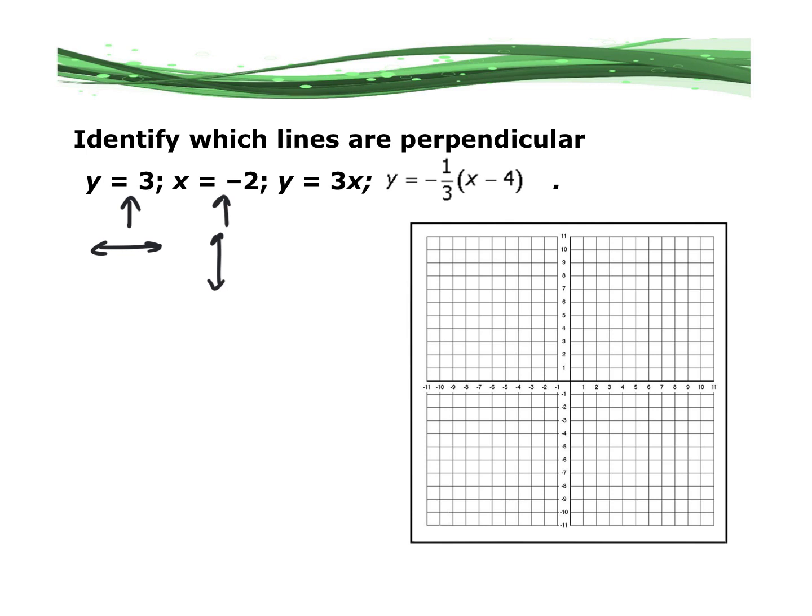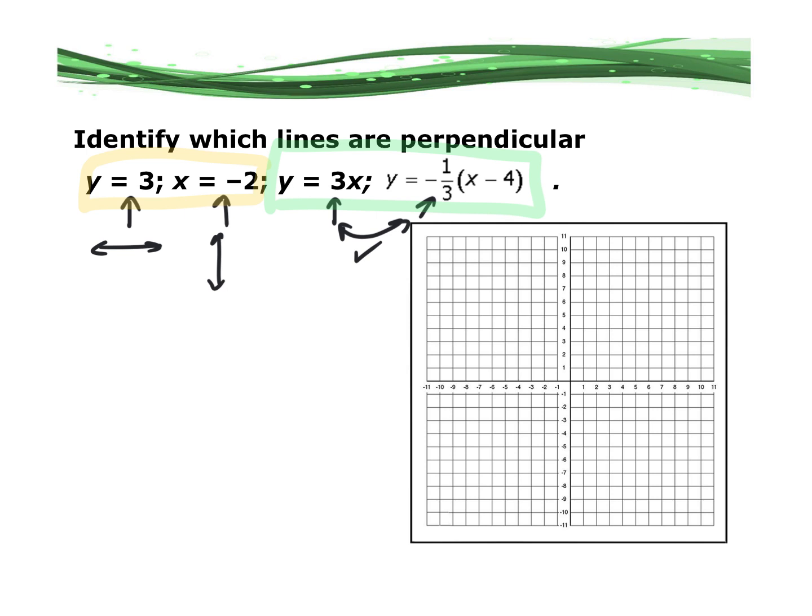So these two, just by doing that, we know are going to be perpendicular. Now, for this one, we have a slope of 3, and this one has a slope of -1/3. So these two are actually the negative reciprocals, which is exactly what we're looking for in a perpendicular line. So this one and this one are going to be perpendicular.